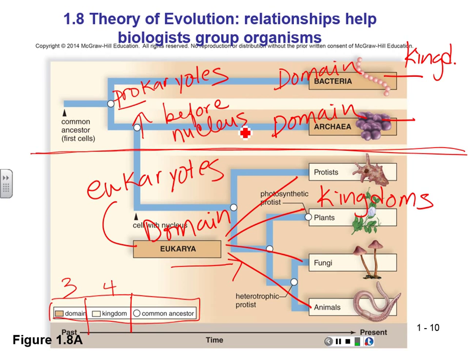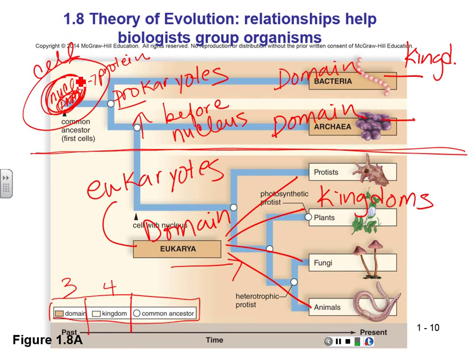We don't know what a nucleus is yet, but basically if you have a cell, inside that cell you're going to have a nucleus, and inside that nucleus you're going to have DNA. Remember, DNA is the code for all the proteins that that cell is going to make. So if the DNA is inside the nucleus, protected, it's a eukaryote. If you have a cell and the DNA is just free floating, that is a prokaryote, before a nucleus. That's all that it means.